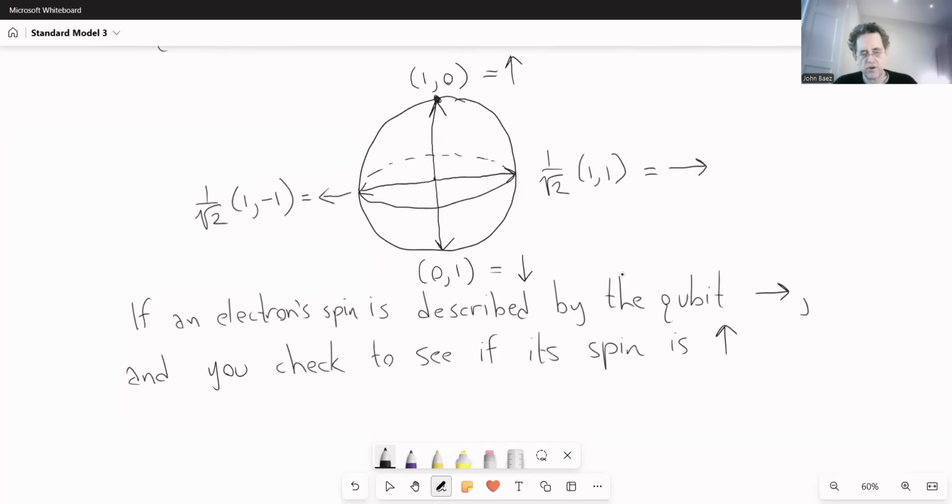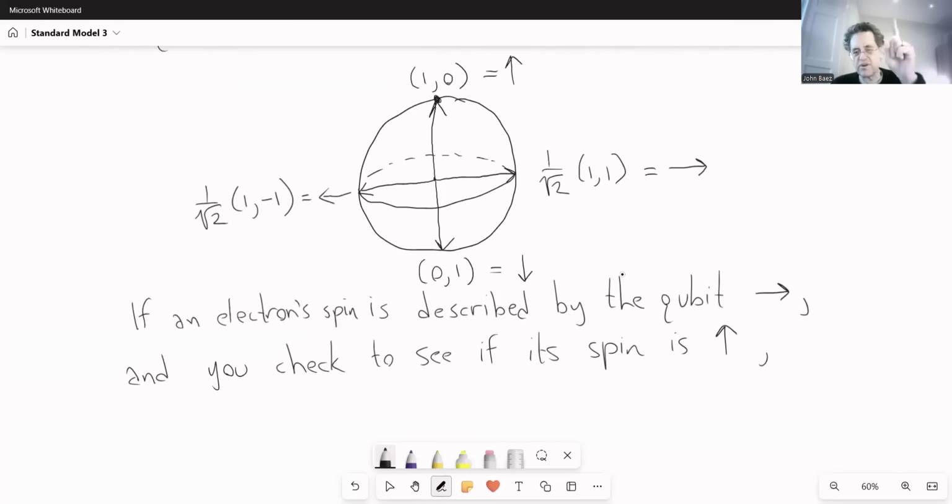So you have an electron where you know that the spin is described by this qubit pointing to the right, and you check to see if its spin is pointing up. Well, that's a weird thing to do, right? You have to admit that's a crazy thing to do. If I ask you like, hey, my finger is pointing this way, let's check to see if it's pointing this way, you would say, why bother?